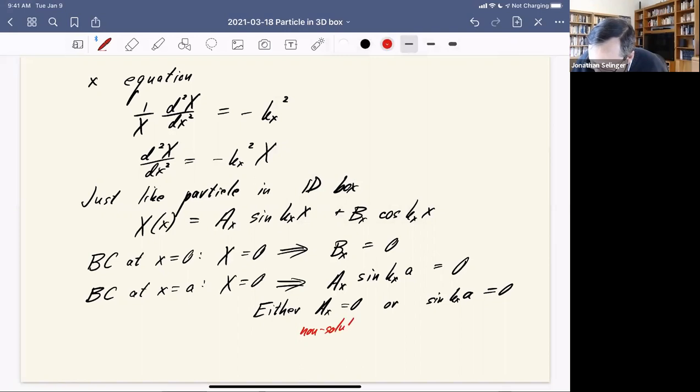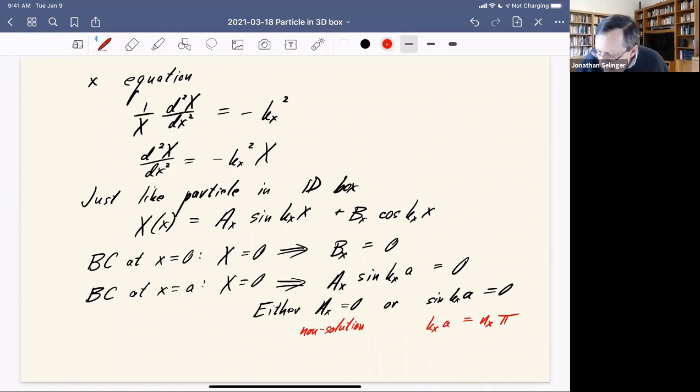So the only non-trivial solution is if sine of k sub x times a equals 0. That is possible if k sub x times a is an integer multiple of pi.